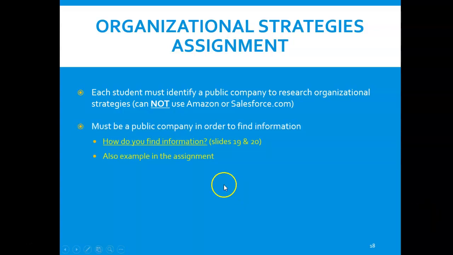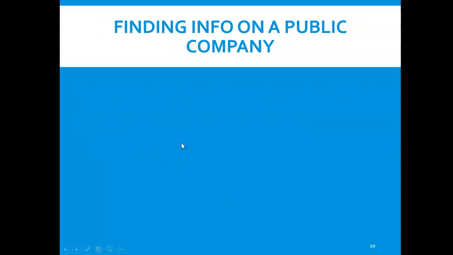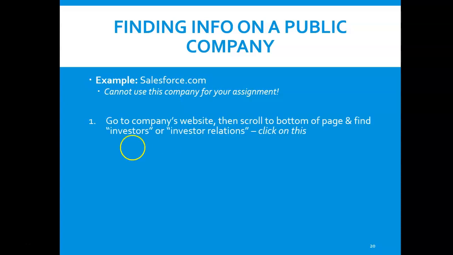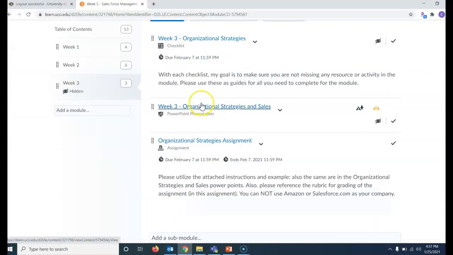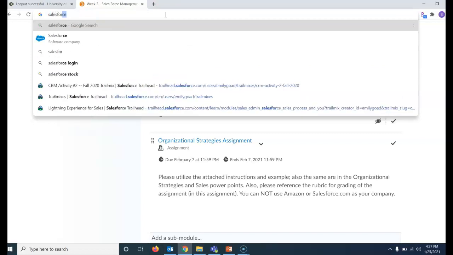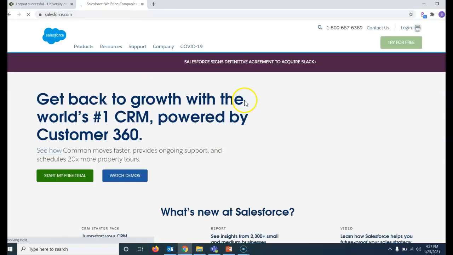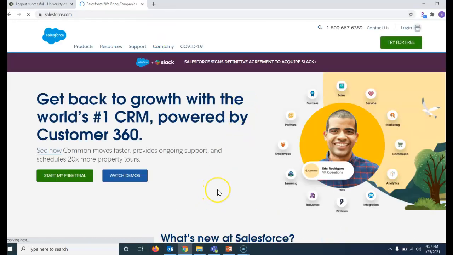So, how do you find information? On slides 19 and 20, I walk you through this. So, for example, for Salesforce.com, I'm going to try to do this in conjunction with actually looking at the instructions, or trying to walk you through the instructions.